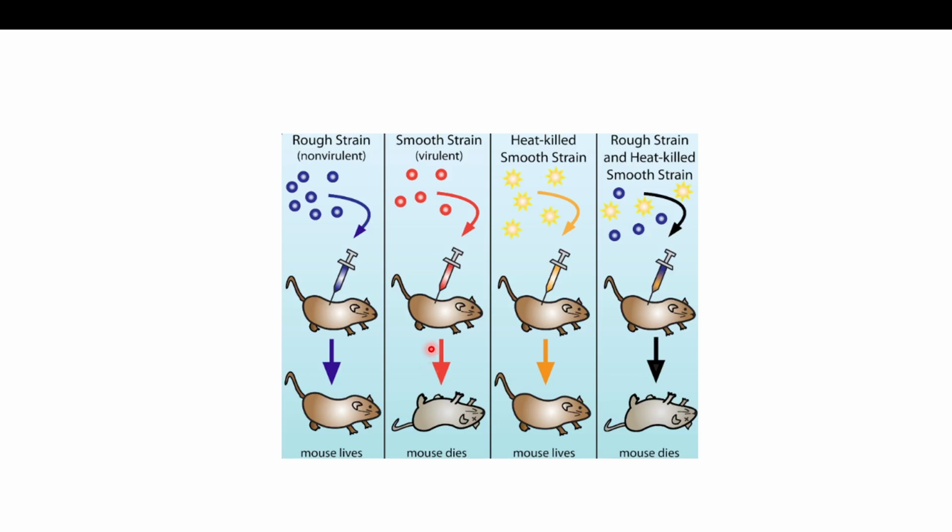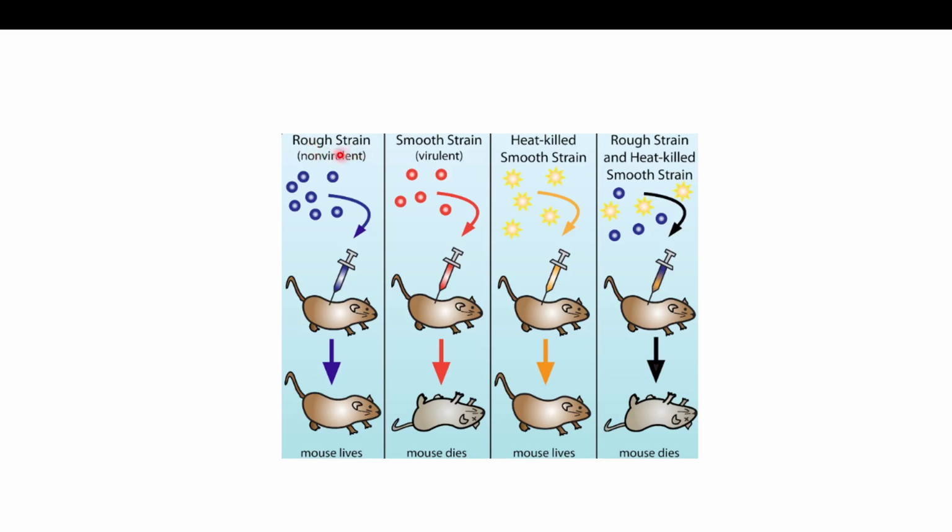Okay. Now, most of you might be aware of Griffith's experiment, where the term transforming principle came into the picture. So very briefly, what he did: there were two strains of pathogenic bacterium, a rough strain and a smooth strain.